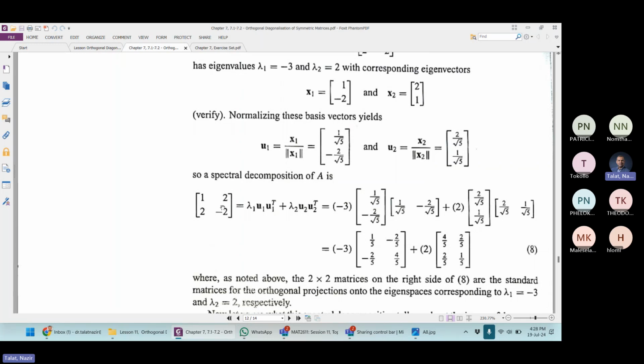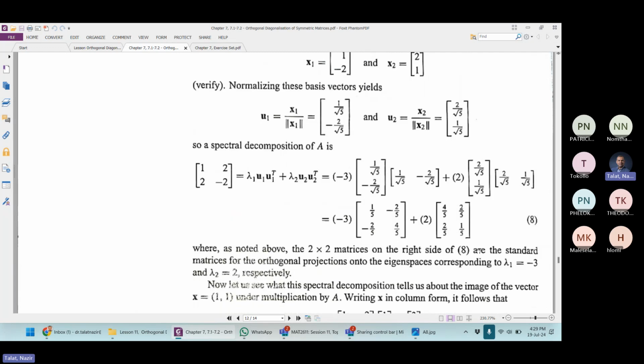We express the given matrix A in the form of its decomposition, where we obtain two distinct matrices. The important thing is that from this we obtain these two matrices, and one can see how this behaves.